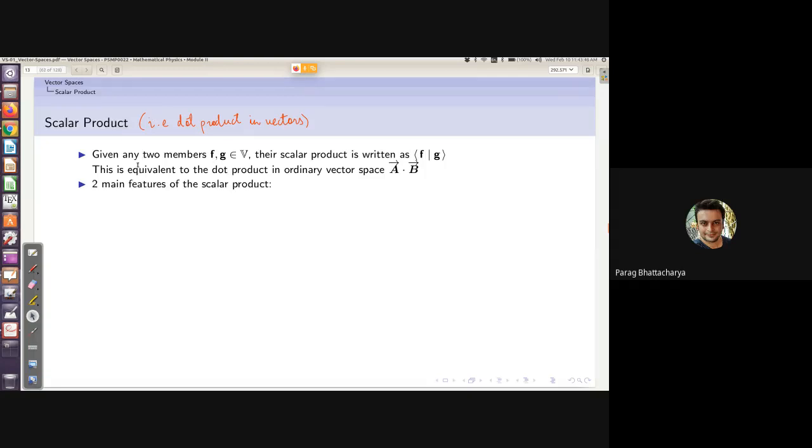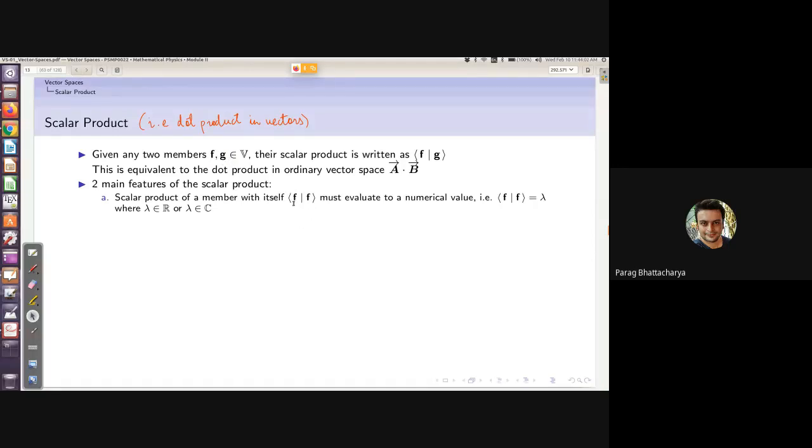There are two features for a scalar product that you need to always keep in mind. First is the scalar product of a member with itself. f and g can be any two members, so I can choose f and g to be the same member itself. Nobody is stopping me. That is known as a self-scalar product.